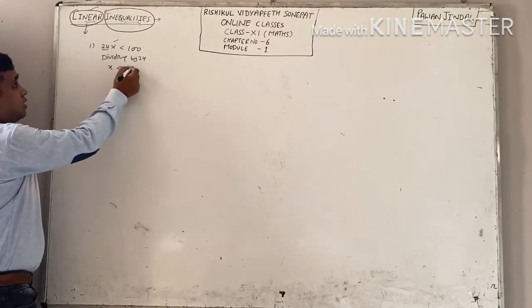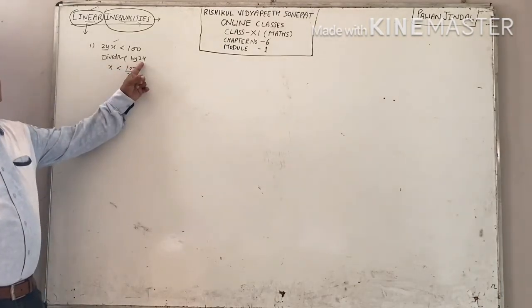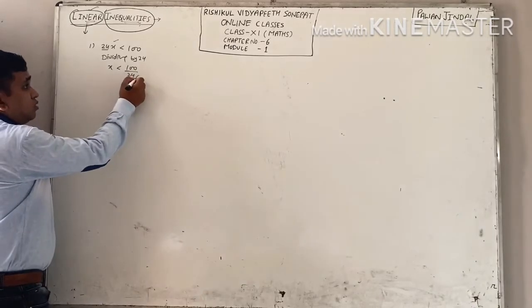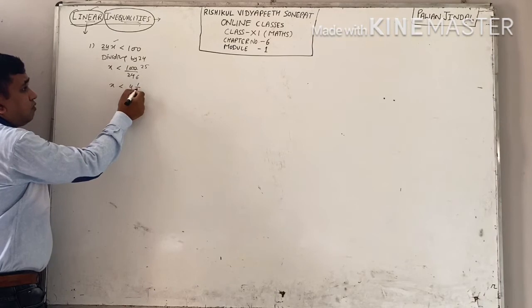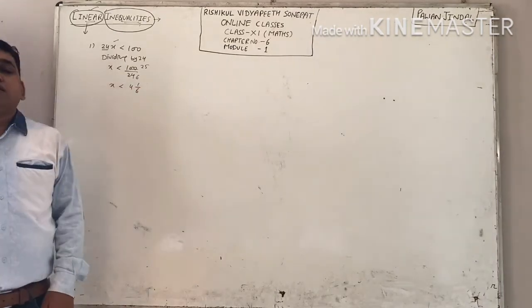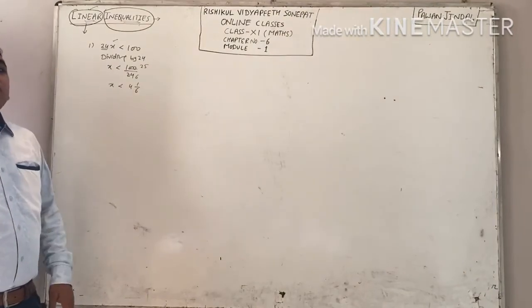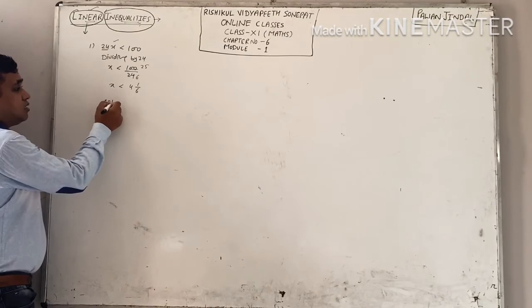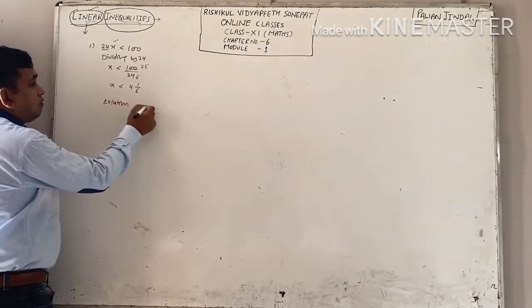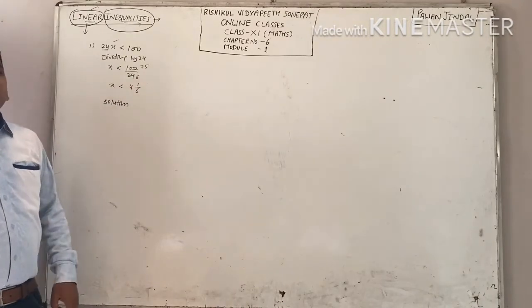X less than... Here sign will not be changed because 24 is positive. See, do the cutting. This is your x less than 4 1 by 6, right? Your solution is x less than 4 1 by 6. You can write like this. Solution is all numbers less than 25 by 6, or you can say 4 1 by 6.